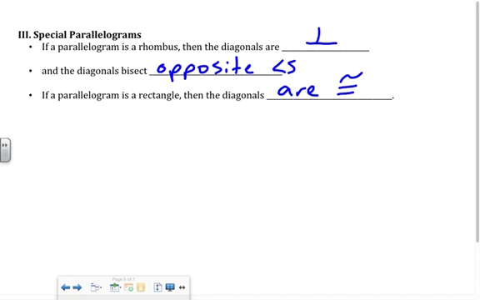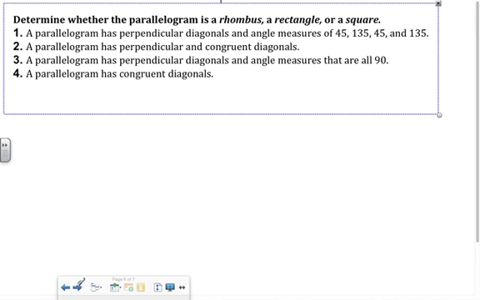So let's apply these properties. In number 1, and again, notice all the way down, all of these sentences start with a parallelogram. So these are all parallelograms, but are they more than that?